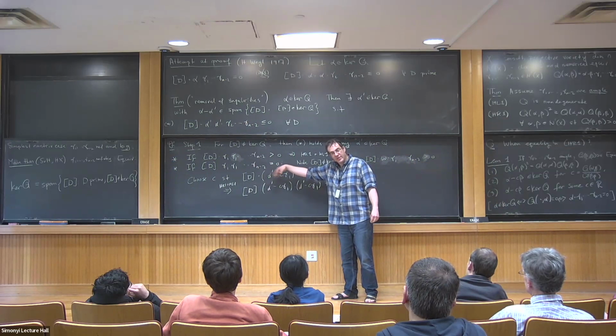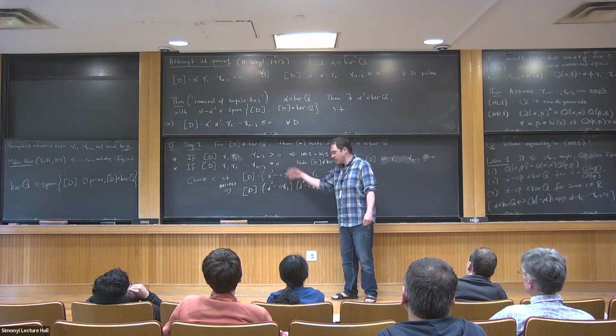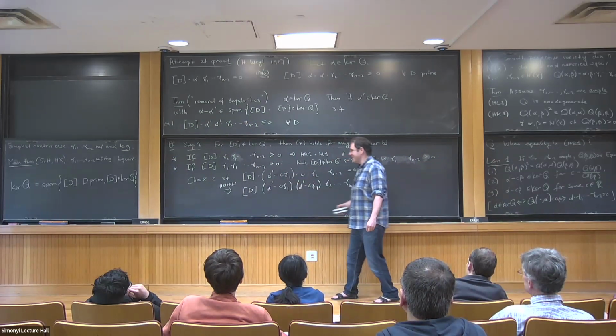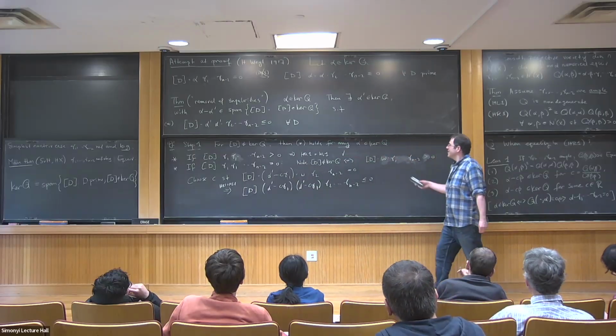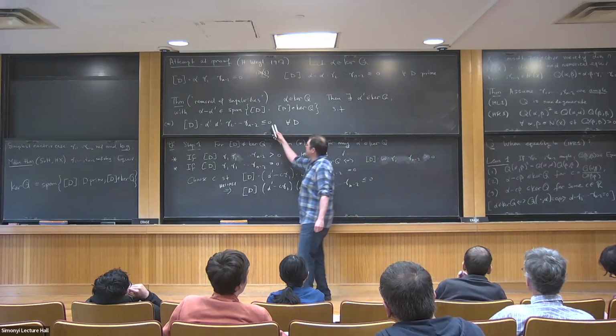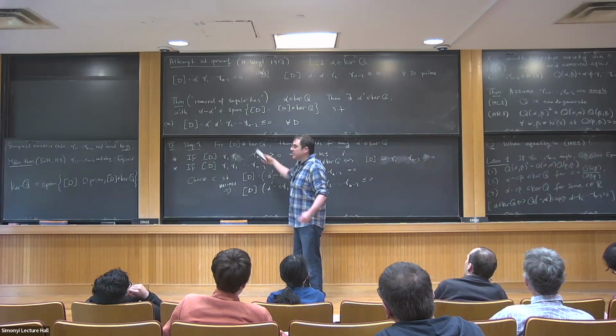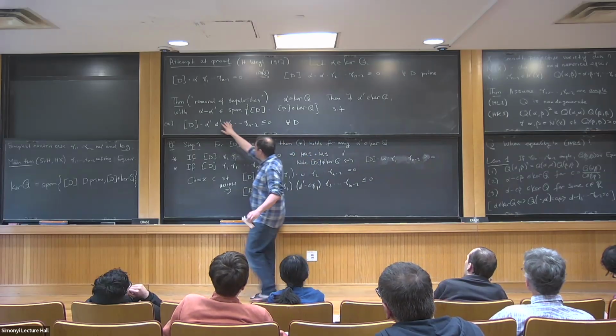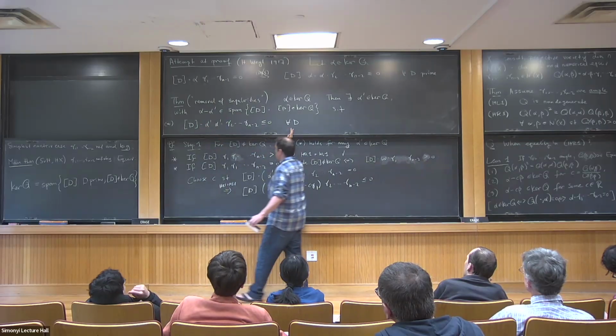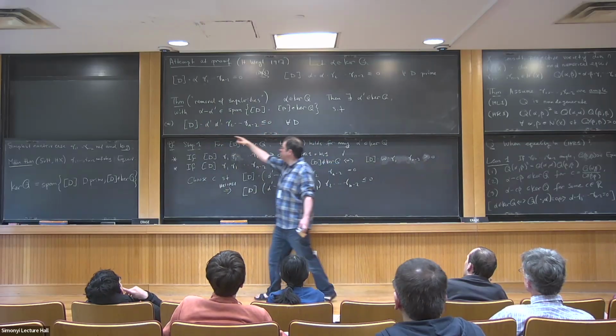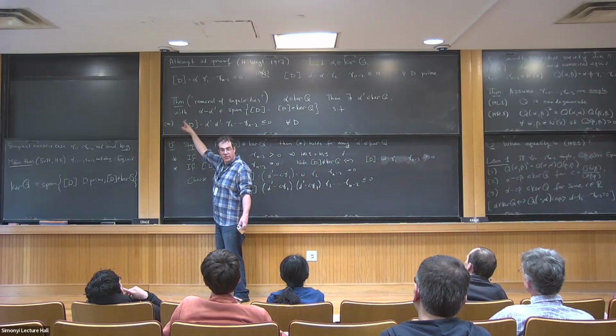I'm claiming that even if it's not net, you use linear algebra. Now, what I've shown you is that this is true for all D that are not in the kernel of Q. So the choices I have to make, right? I told you I can find an alpha prime so that this is true for all D. But the alpha prime, I only have to choose it to fix the values of D in the kernel of Q.